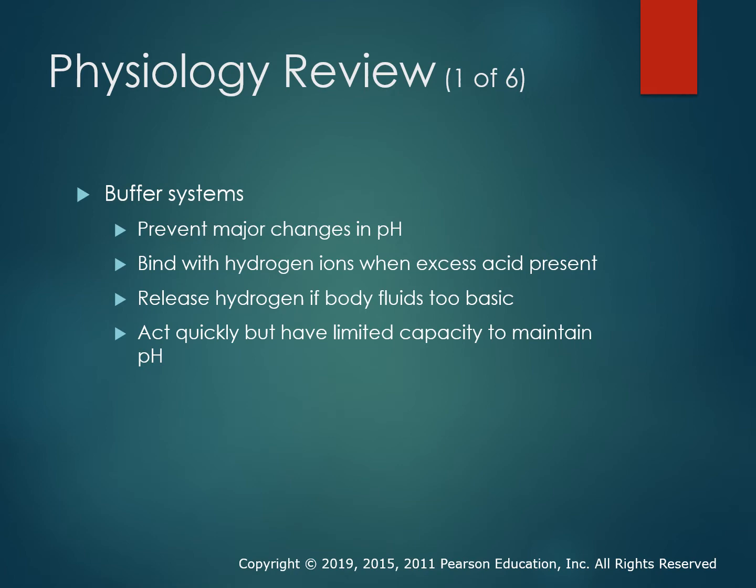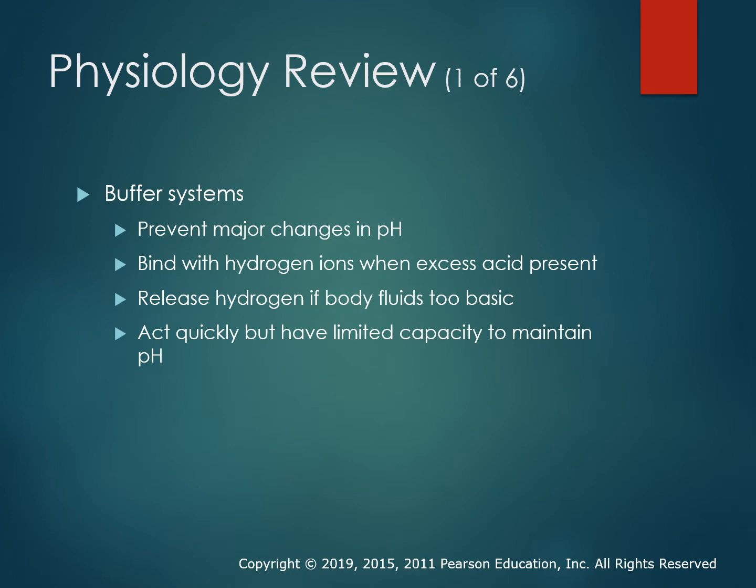Although buffers act within a fraction of a second, their capacity to maintain pH is limited. The body's major buffer systems are the bicarbonate carbonic acid buffer system, the phosphate buffer system, and protein buffers. The normal serum bicarbonate level is 24 to 28 milliequivalents per liter, and the normal serum carbonic acid level is 1.2 milliequivalents per liter.